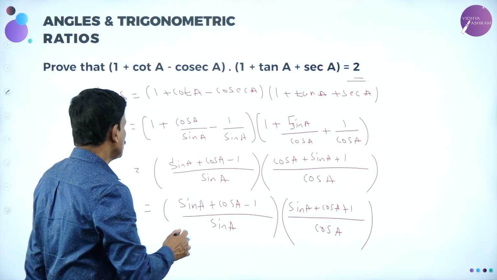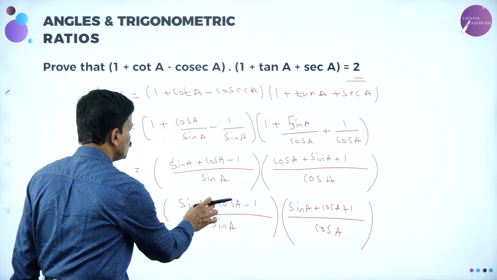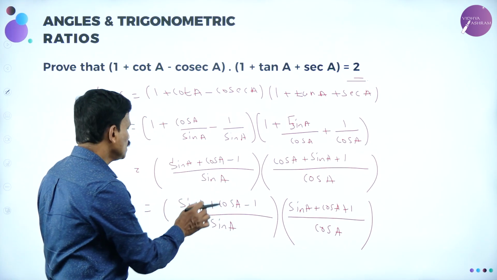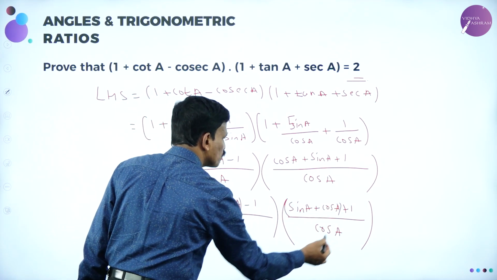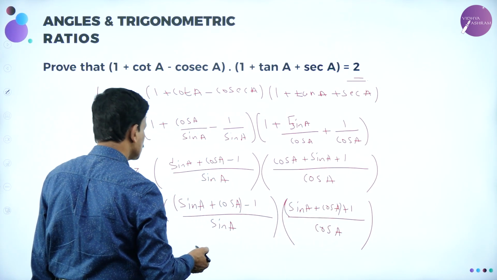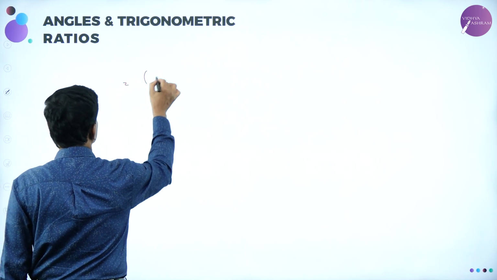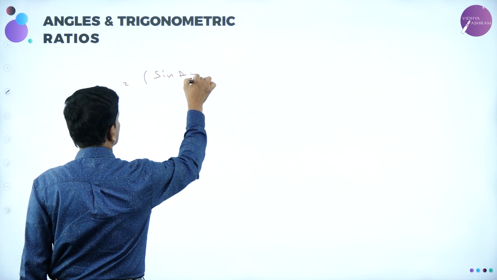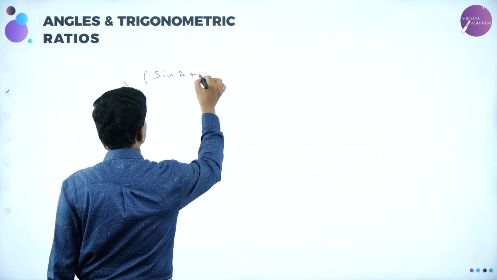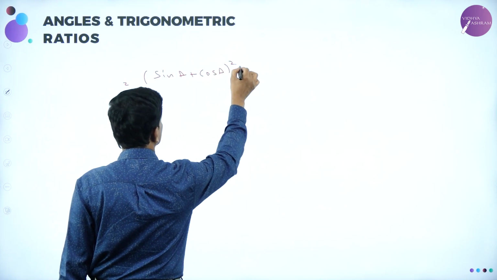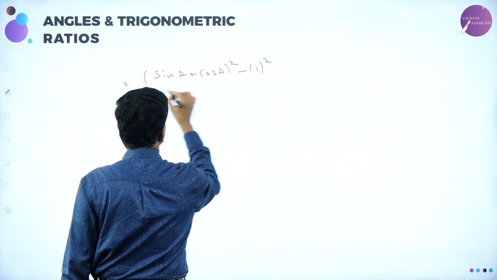The numerator is of the form A minus B into A plus B, which is A square minus B square. So A square is sin A plus cos A whole square, minus B square, 1 square is 1.